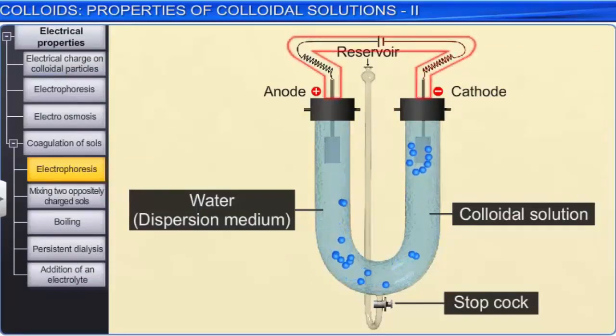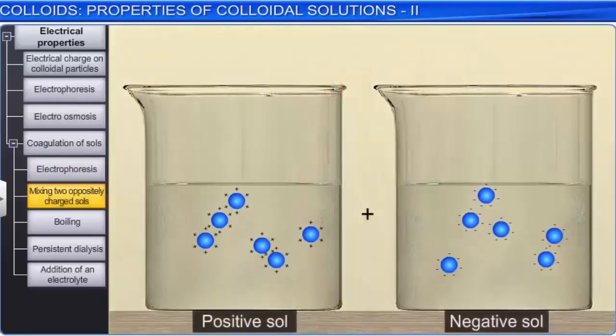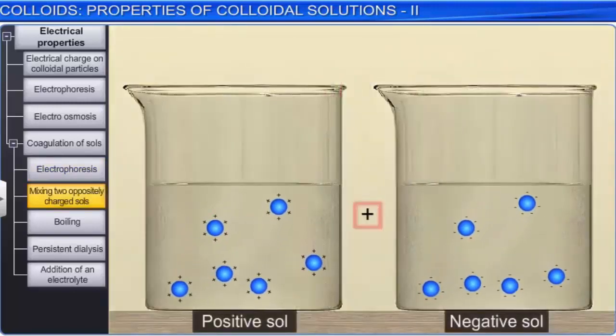If the process is carried over a prolonged period of time, then the colloidal particles get discharged at the oppositely charged electrode and get coagulated. Another method used to bring about coagulation is by mixing two oppositely charged sols.